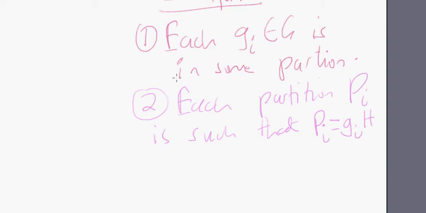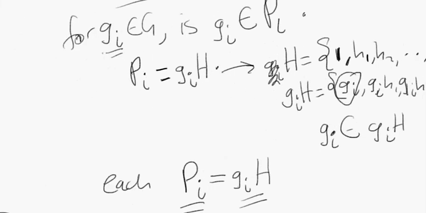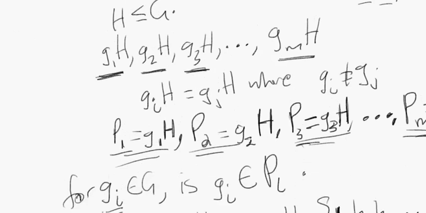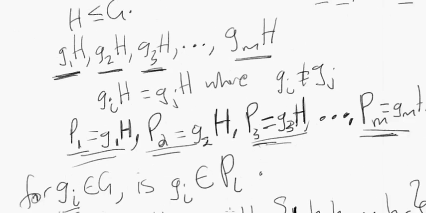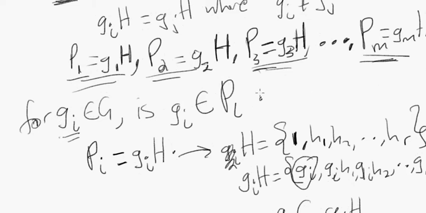Now the question becomes, are we done? Well, clearly not, right? We have a third condition to fulfill. The third condition is to check that each of these cosets are pairwise disjoint. Is it true that the cosets are pairwise disjoint?